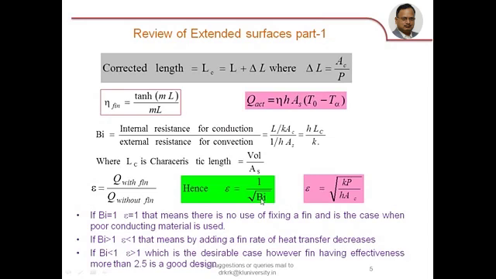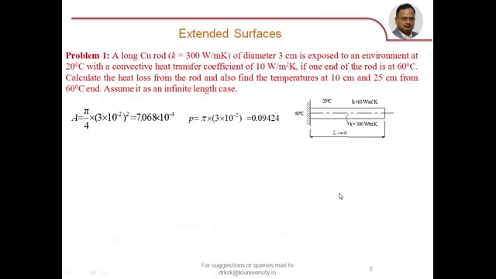If Biot number is less than 1, then effectiveness will become greater than 1, which is the most desirable case. However, effectiveness simply greater than 1 is not sufficient. For a perfectly good design, the effectiveness of the fin should be more than 2.5. This is what we have seen in the other class.